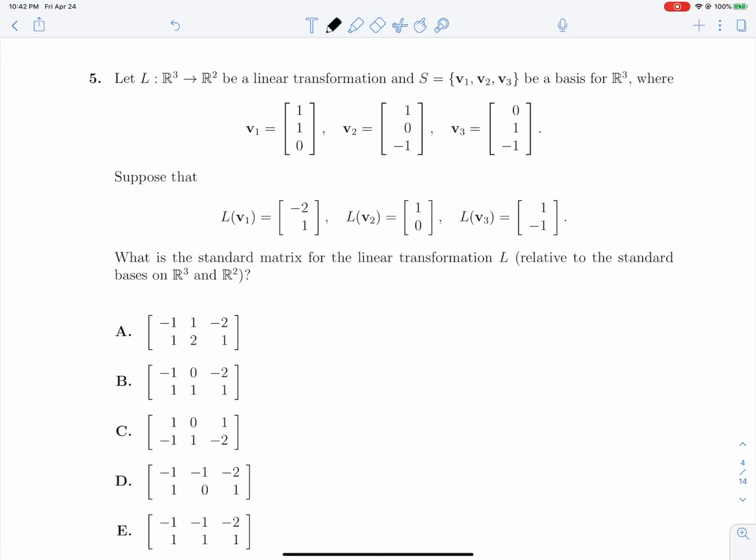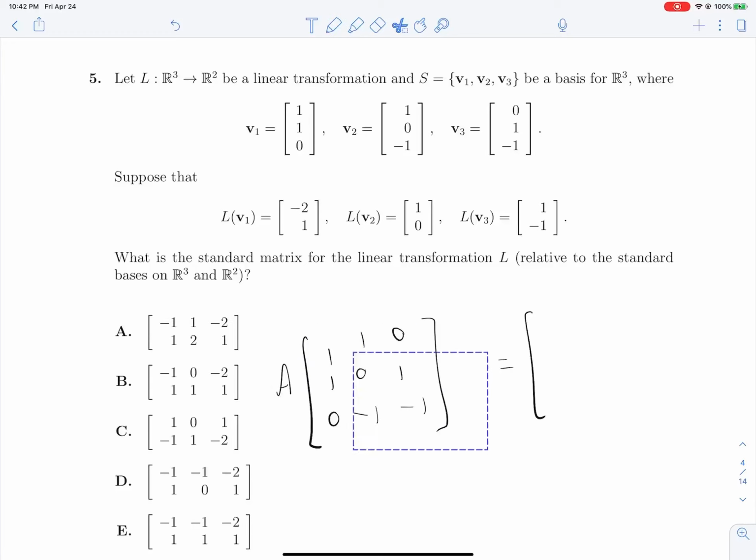So since we know that if we take v1, v2, v3 and put them into a matrix, 1, 1, 0, 1, 0, negative 1, 0, 1, negative 1, if we take that and multiply by our standard matrix, we'll call it A, that this, and in fact it really should be AX, there we go.